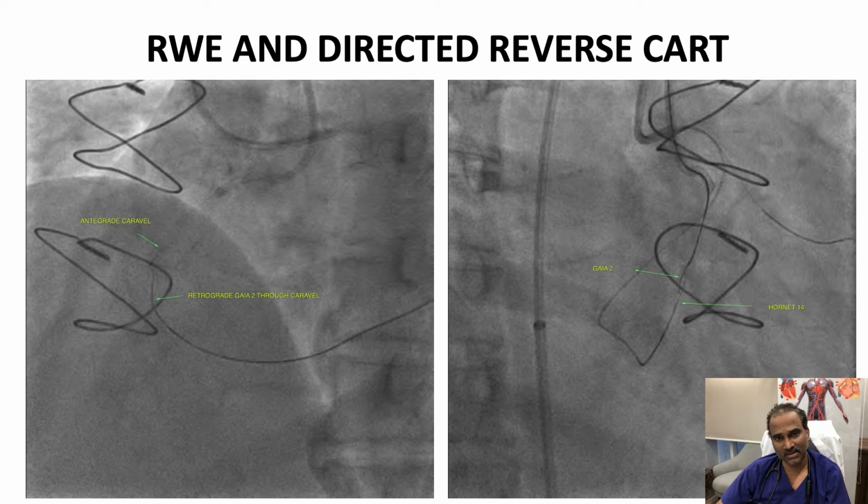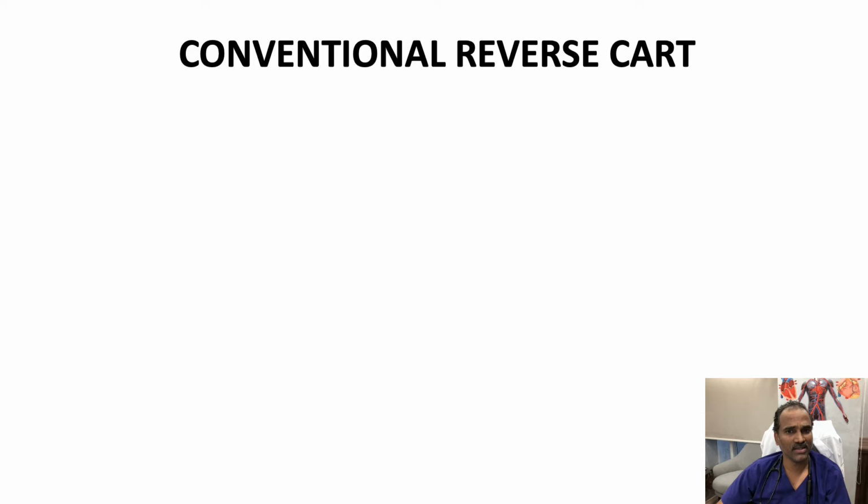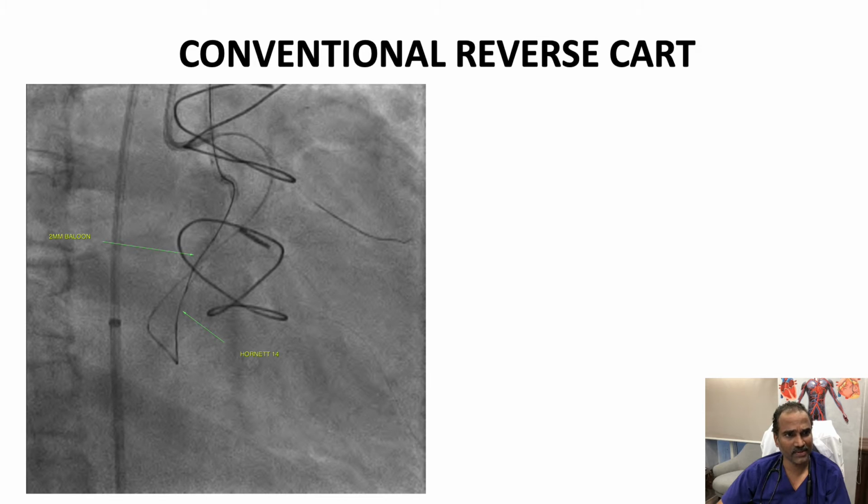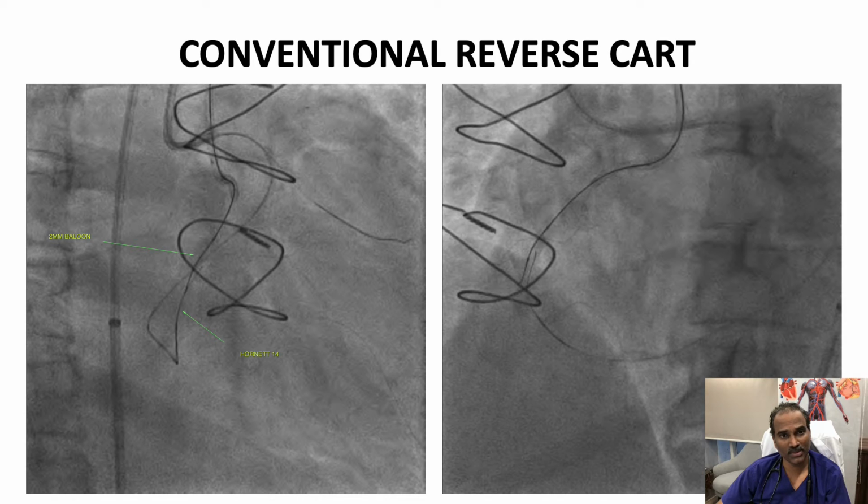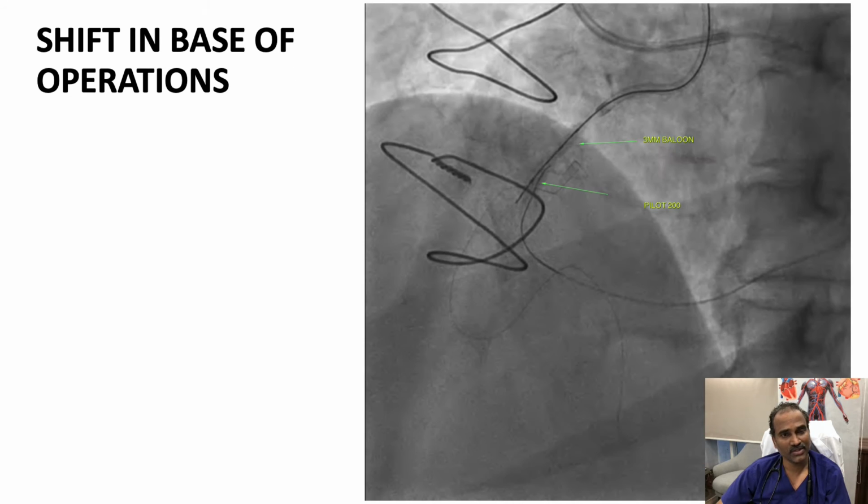As there is a lot of calcium sitting in the lesion, it's preventing successful reverse CART. So we upgraded to Hornet 14, but even that didn't succeed. So then I shifted my antegrade balloon to a 2 millimeter balloon and tried reverse CART with Hornet and Hornet 14 and the 2 millimeter balloon. There also I couldn't succeed, and then I shifted the base of operations to proximal RCA.